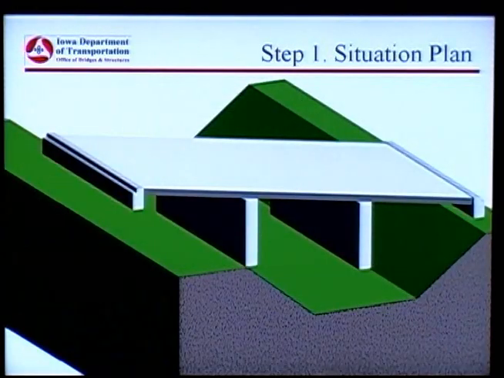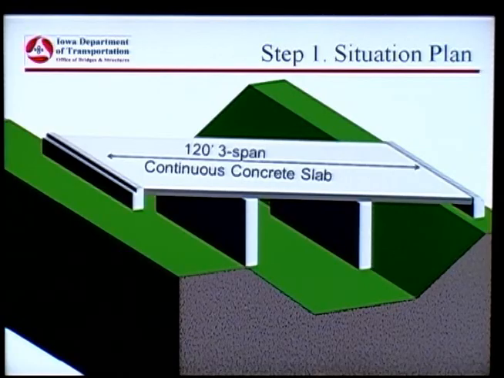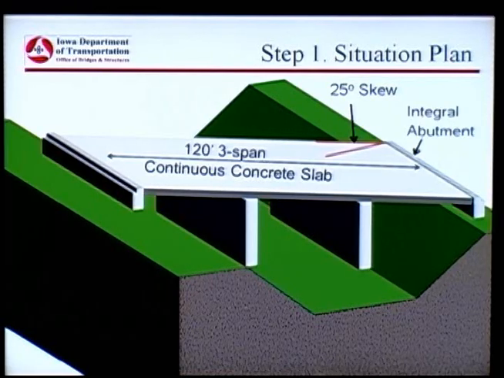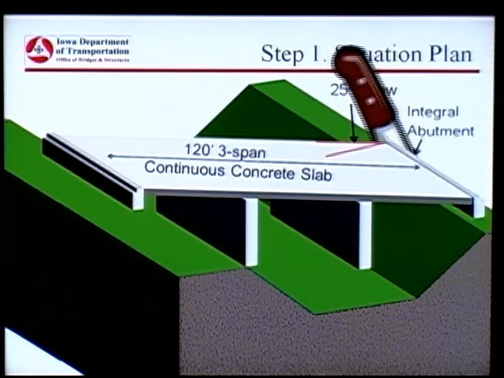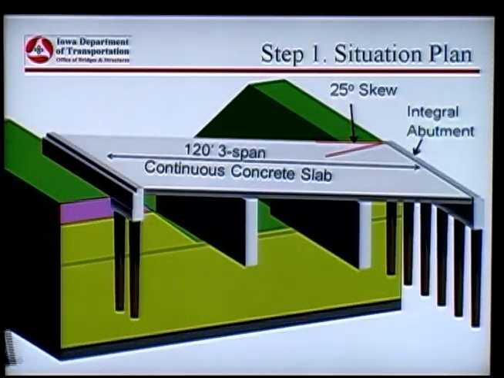So step one is to determine the situation plan, the layout, and the length of the span. This example is a 120-foot, three-span continuous concrete slab bridge with a 25-degree skew, with an integral abutment shown on the diagram, and a cut of the cross-section.